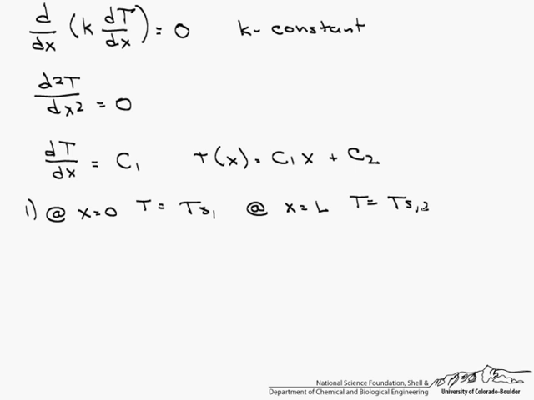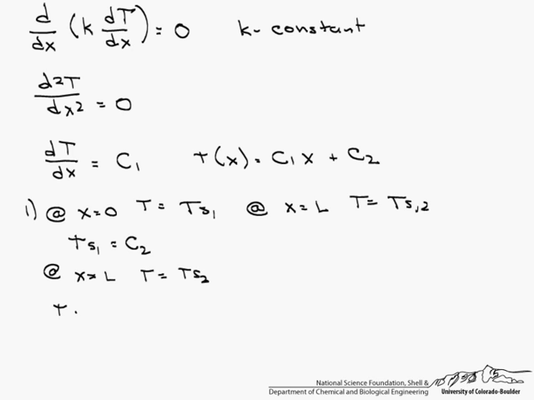If we take our temperature distribution and put x as 0, our T is Ts1. So if x is 0, C1 x is 0, so that means C2 is Ts1. Now we use the second boundary condition. At x equals L, T equals Ts2.